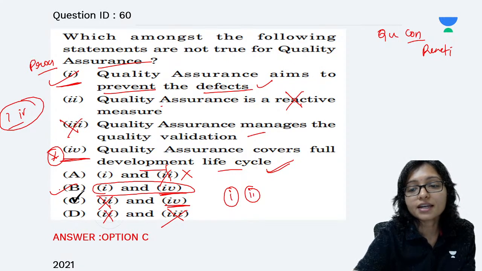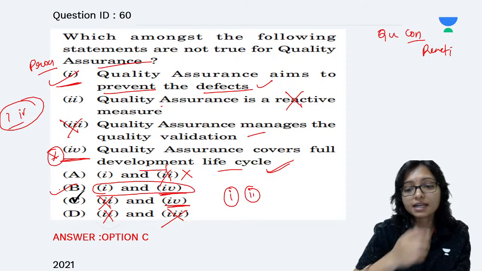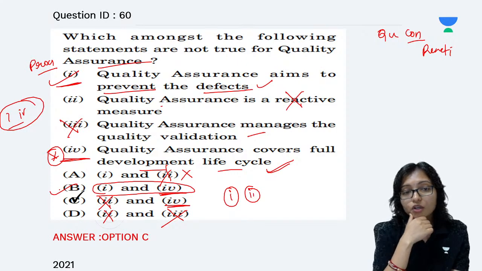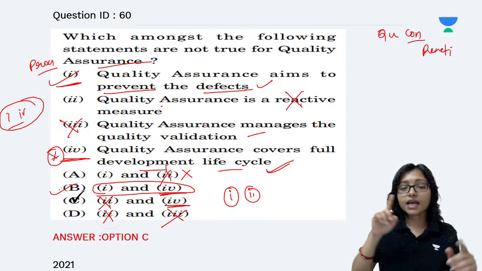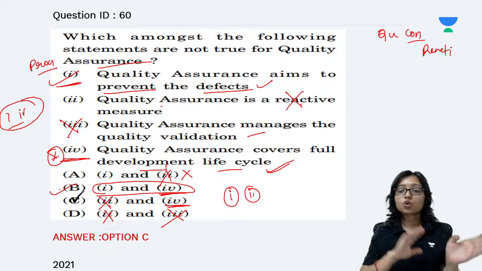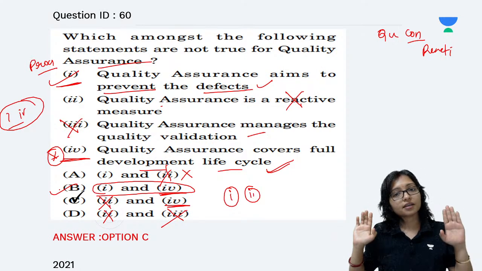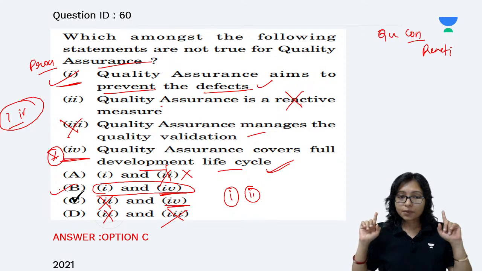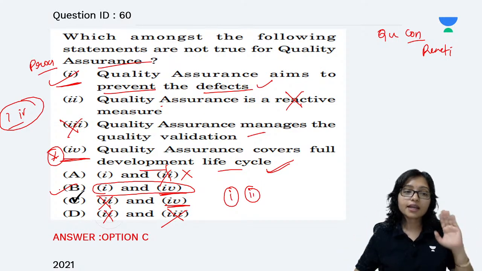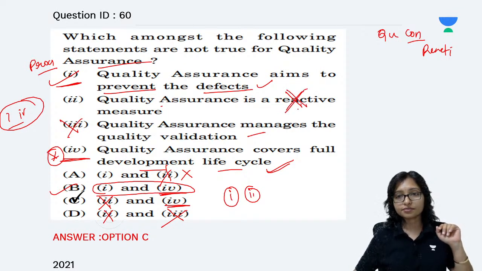With the question, ultimately you need to learn in this way, because the main concept is different if you are learning it. I told you the difference between quality assurance and quality control. Write down the points, and this is the correct answer, because it is not reactive, it is proactive.